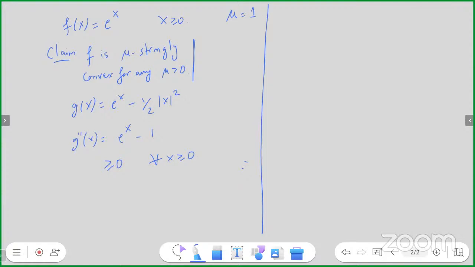You have a straightforward characterization: f of x minus half x square better be convex. It's an if and only if condition.